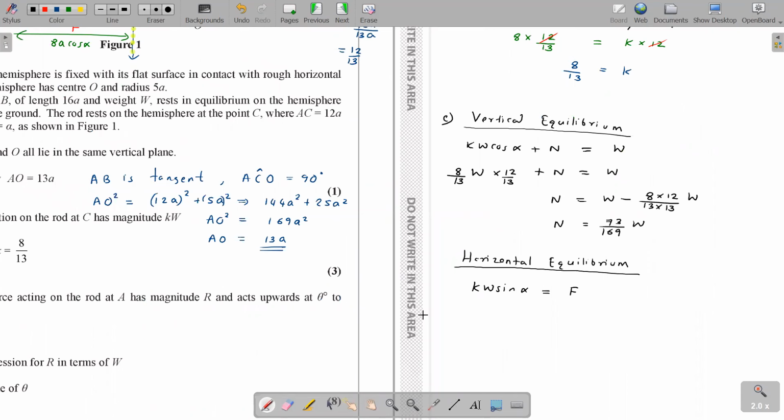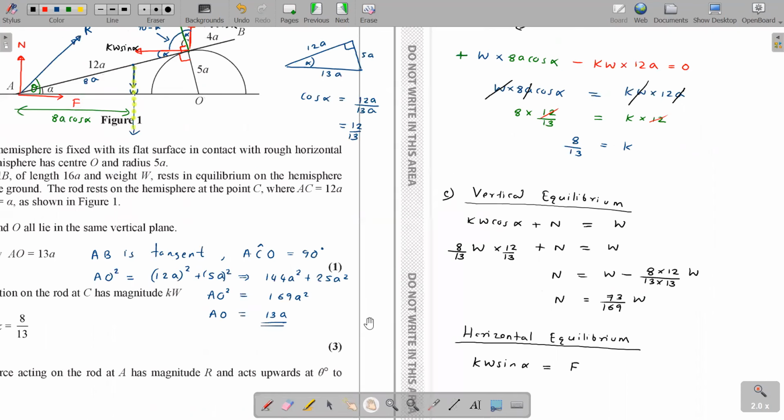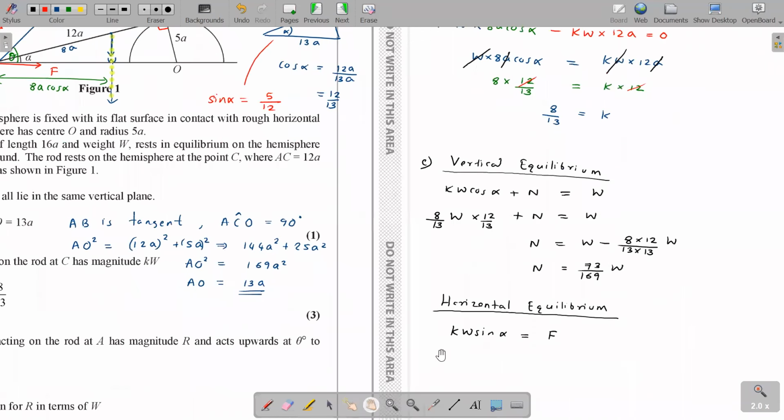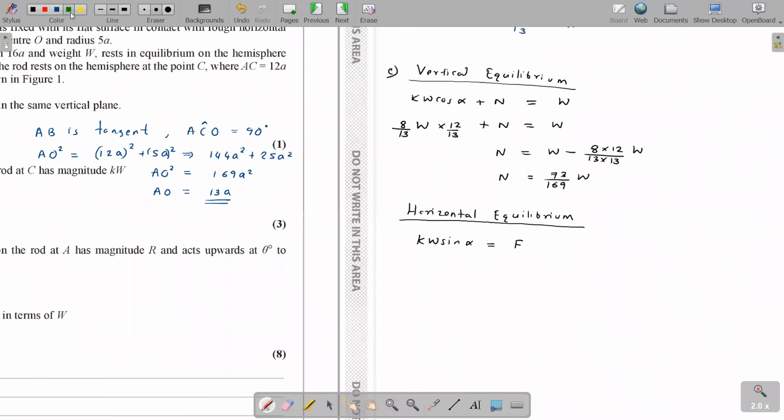So actually I do need the sin alpha, right? Using this triangle, get sin alpha. When I use this triangle, what is sin alpha? Sin alpha is opposite over hypotenuse, 5a over 12a is 5 over 12. Do you agree with me? So input the value, sin alpha is 5 over 12.